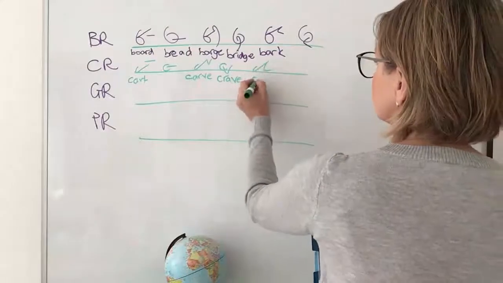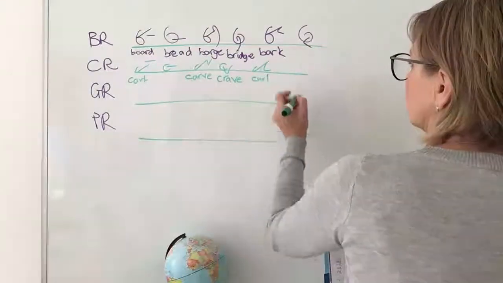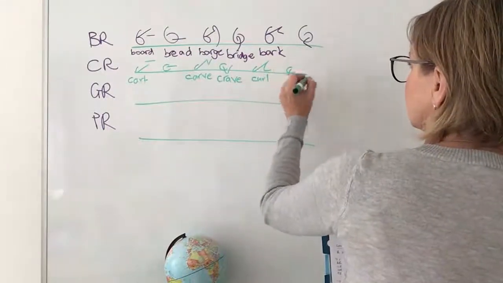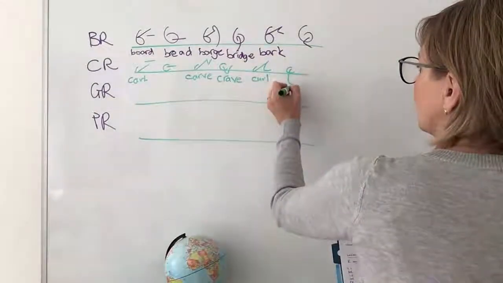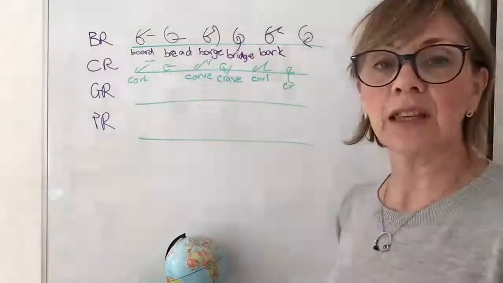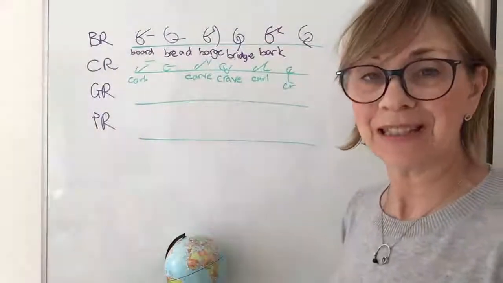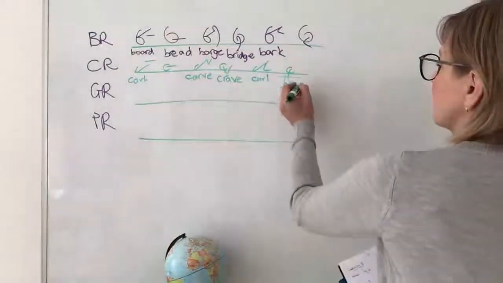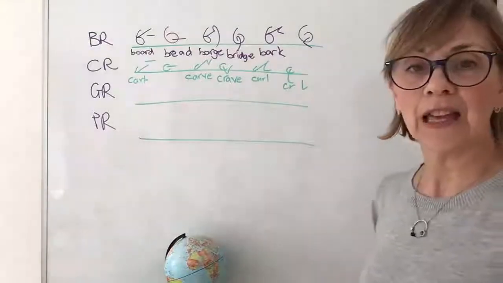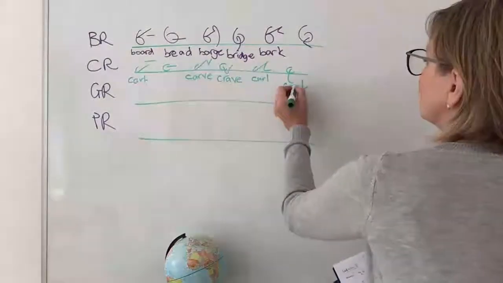Curl, but cr, so immediately you see the L is intersected, you know that there's a vowel, an R missing, so it's cr with an L, cruel.